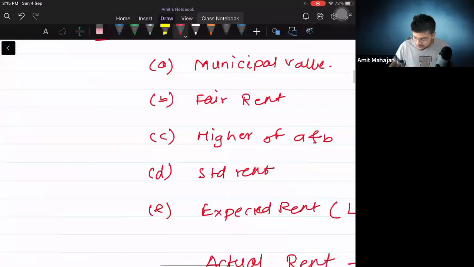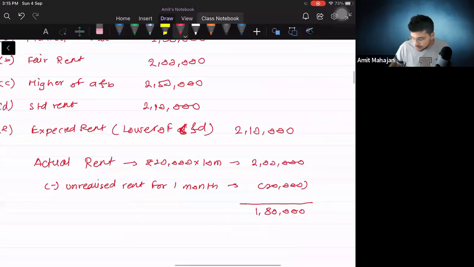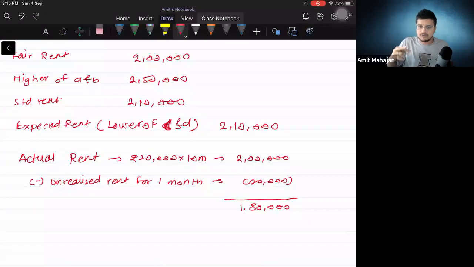See, so it was vacant for 2 months, right? So if I add 2 months ka rent of 20,000 here, it will be 2,20,000. So 2,20,000, can I say it is more than expected rent? So which means, can I say my actual rent is lower than the expected rent due to vacancy? Because vacancy nahi hota, to my actual rent would have been higher. And that's why I will not consider 2 lakh 10 as my GAV. I will consider 1 lakh 80 as my GAV.